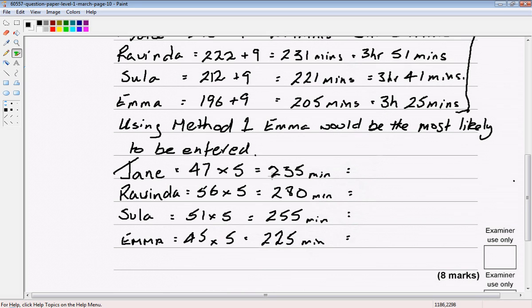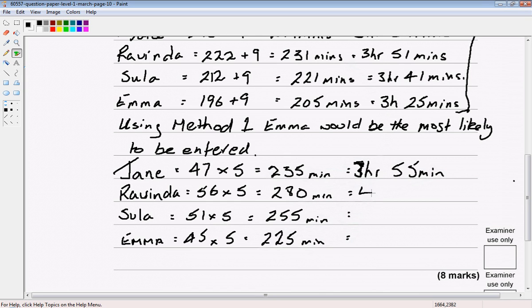I know that 4 hours is 240 minutes, so this is 5 minutes short, so this will be 1 hour and 55 minutes. Now this is more than 240. Oh, sorry, that's 300. It's 3 hours and 55 minutes.